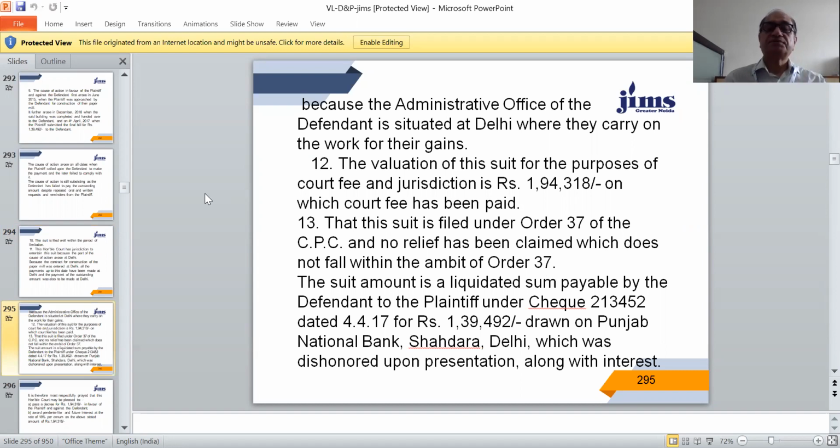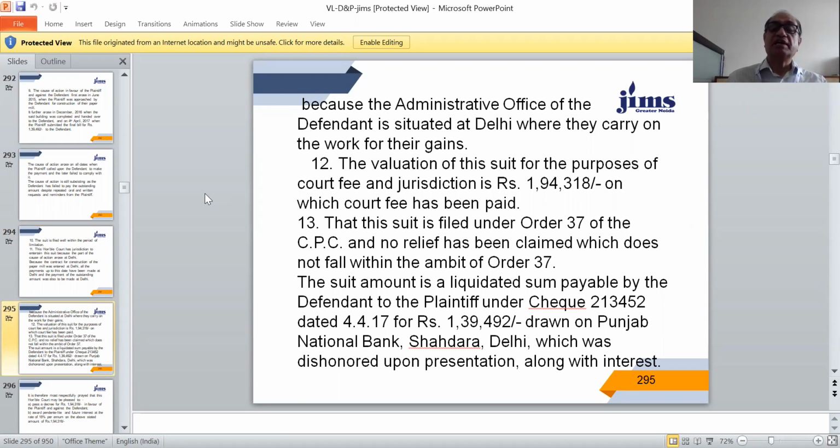Now, valuation. The valuation of this suit for the purposes of court fee and jurisdiction is rupees 1,94,318, on which proper court fees has been paid. Para 13: That this suit is filed under Order 37 of the CPC and no relief has been claimed which does not fall within the ambit of Order 37.